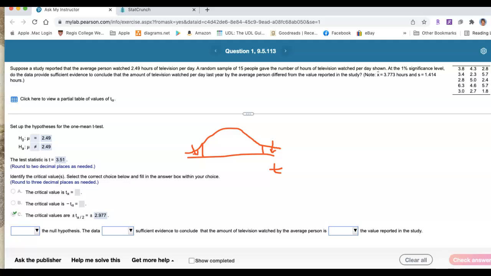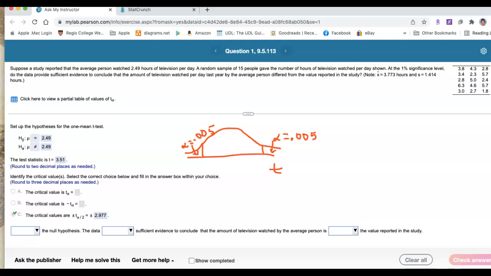So this is alpha equals 0.01 divided by 2, which is 0.005. And you don't need that for this particular question, but if you're looking for the p-test, that would be important.